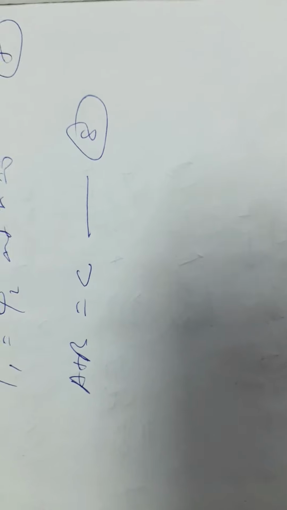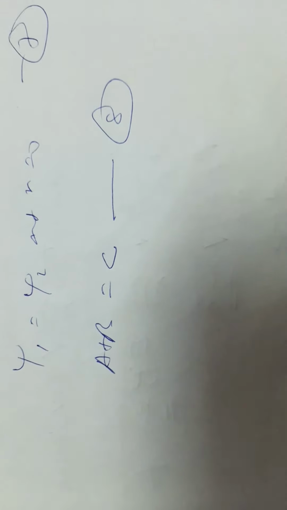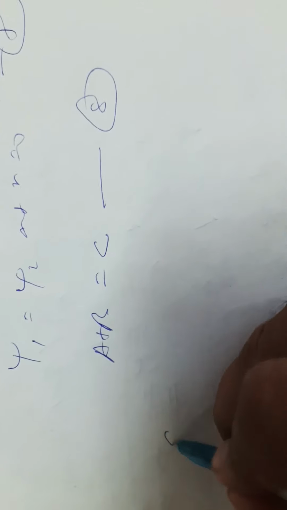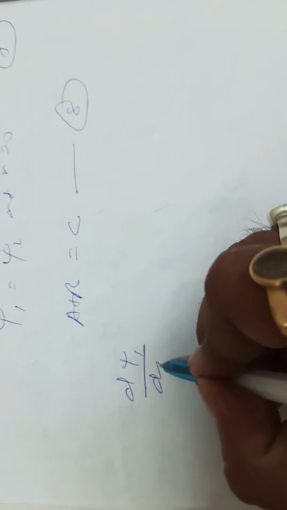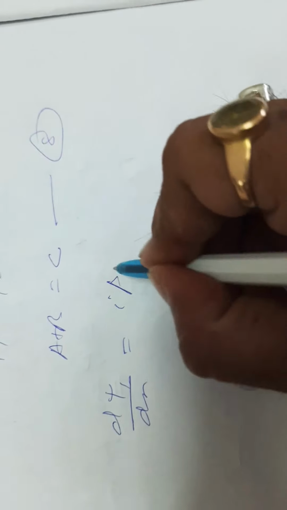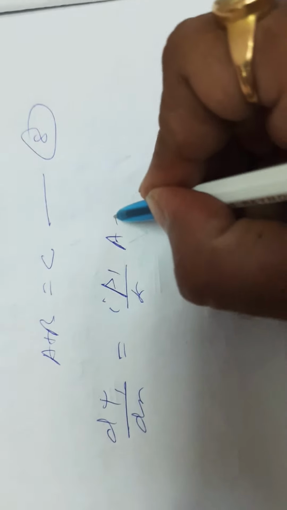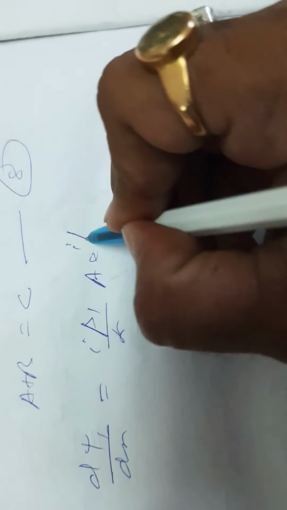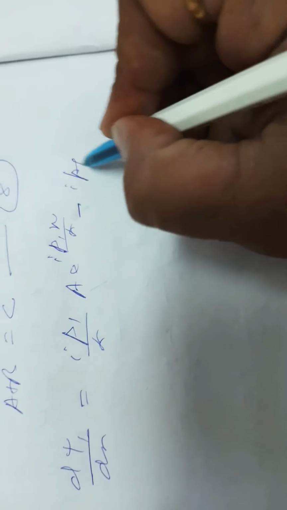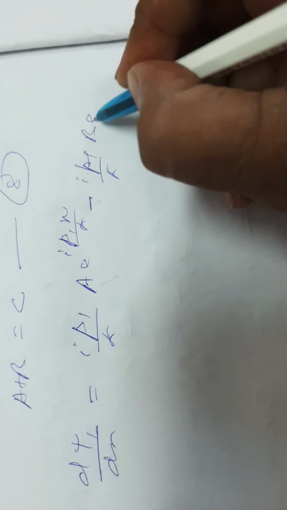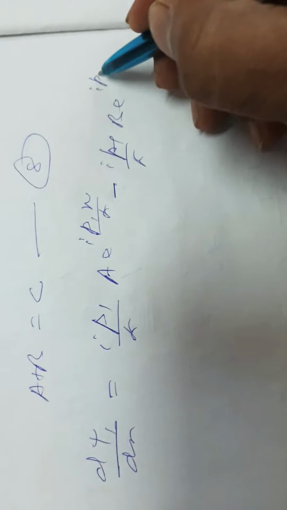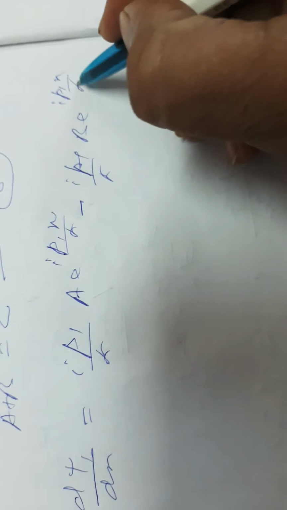Now for applying the boundary condition into equation number 6, let us differentiate equation number 3. So this was our equation number 3. We differentiate this one, so we get d psi 1 by dx equal to i p1 by h cross A e to the power i p1x by h cross minus i p1 by h cross B e to the power minus i p1x by h cross.